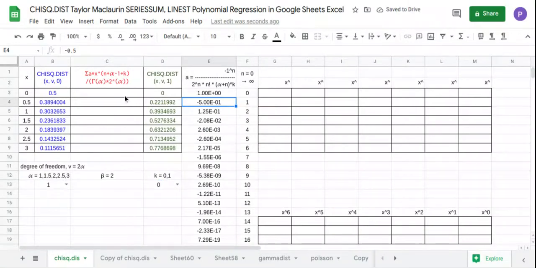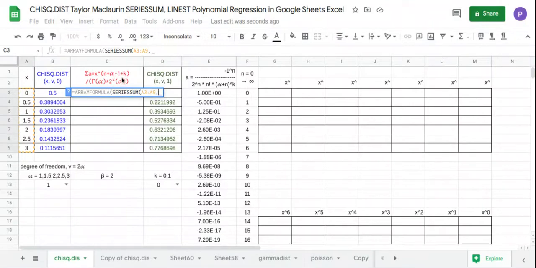We continue with the Taylor-Maclaurin series sum expansion. Array formula, that is series sum of the x values, that's a times x raised to the power n plus alpha minus 1 plus k. Our n is this range, which starts from 0 incremented by 1.